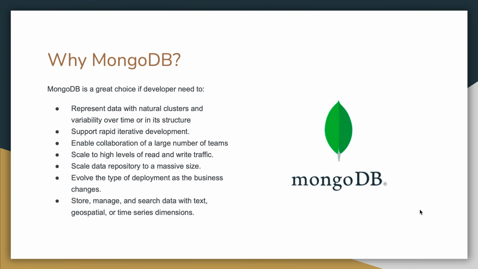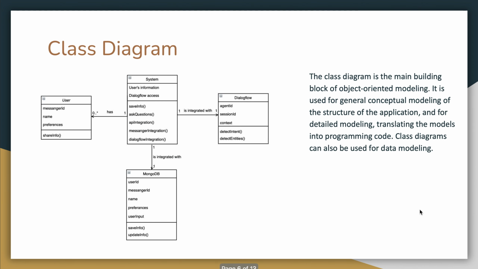It is a great choice if developers need to represent data with natural clusters and variability over time or in its structure, support rapid iterative development, enable collaboration of a large number of teams, scale to high levels of read and write traffic, scale data repository to a massive size, evolve the type of deployment as the business changes, store, manage, and search data with text, geospatial or time series dimensions.